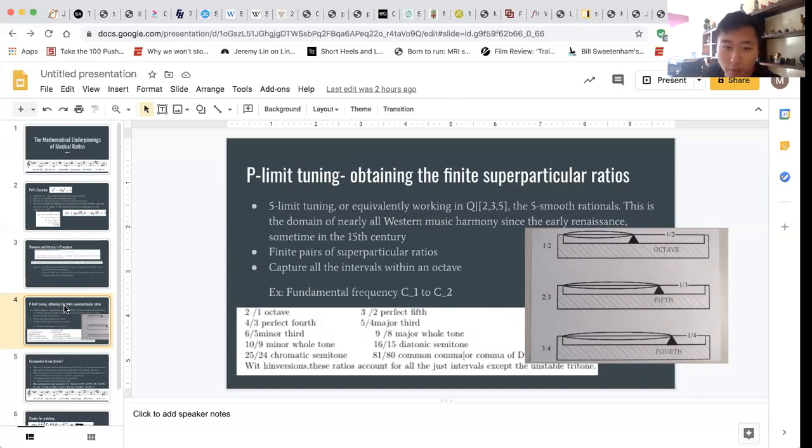The A vibrates at 440 hertz. If we want to play the A that's higher than our fundamental A, we stop the string in the middle, and as a result, the string is 1/2 the length of the original string. And the higher A has a frequency that's 2 times that of the lower A.